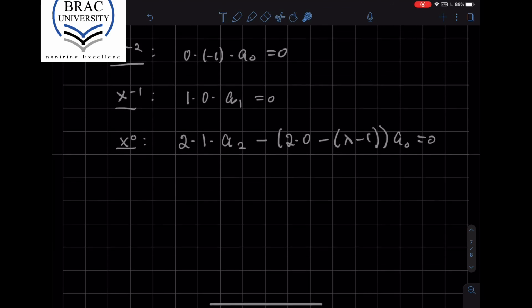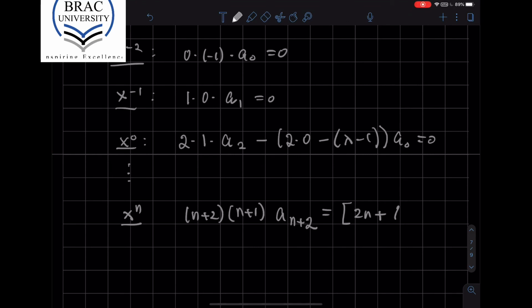Thus we see that we get a recursion relationship where if I fix a_0, that would fix a_2. So we can find the general recursion relationship very easily, and it turns out that the coefficient of x to the power n gives n plus 2 times n plus 1 times a_(n+2) equals 2n plus lambda minus 1 times a_n.